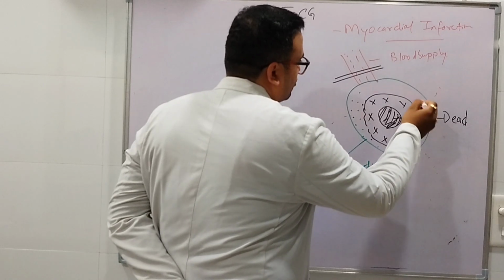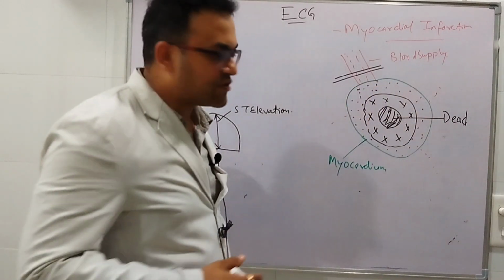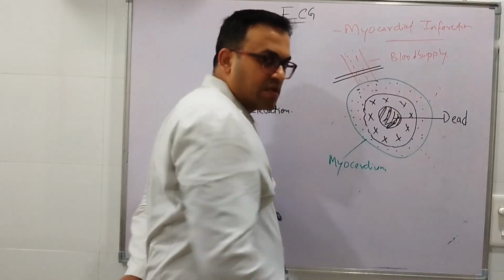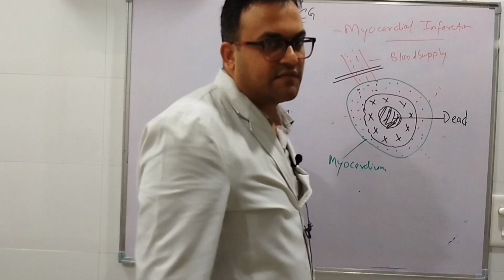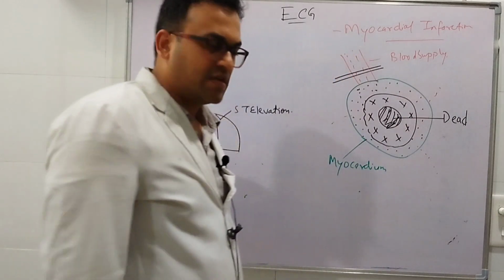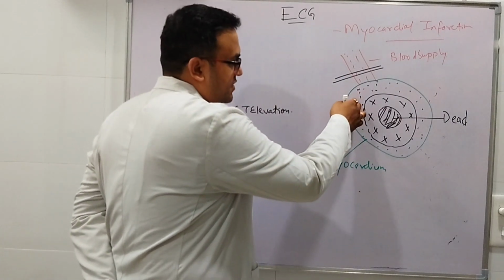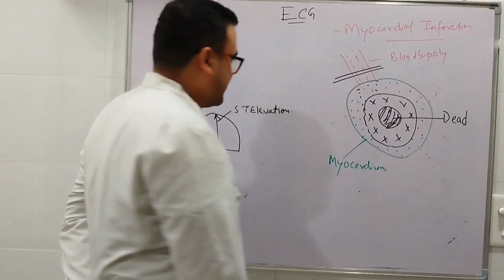The outermost zone, the cells, their soldiers, they are preparing to go for the fight. When these soldiers die, these soldiers will start fighting, they will start getting injured, they will start dying. So we have to save them as well. But priority is the ST segment.